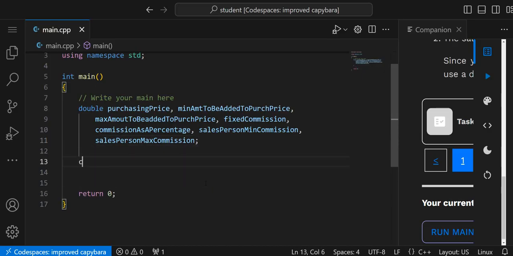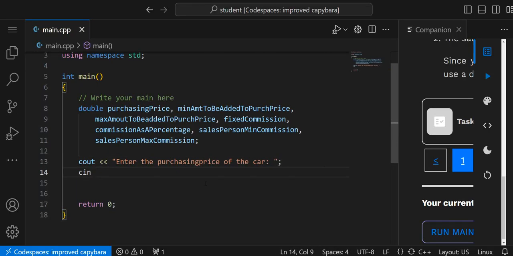Cancel out. Enter the purchasing price of the car. And we're not going to put a dollar amount on that yet.